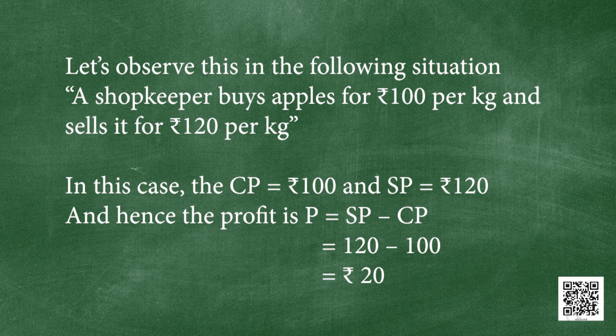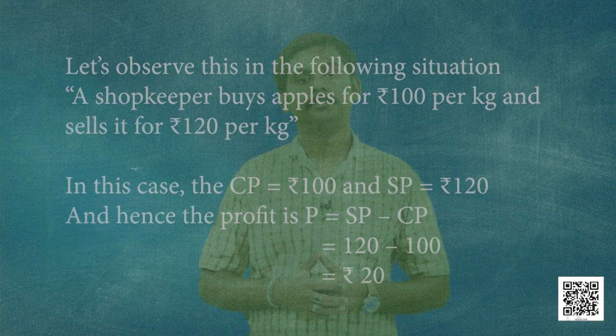In this case, the cost price is equal to Rs 100 and selling price is equal to Rs 120 per kg, and hence the profit per kg is P is equal to selling price minus cost price, which is equal to 120 minus 100, that is equal to Rs 20. So the shopkeeper gains a profit of Rs 20 per kg.